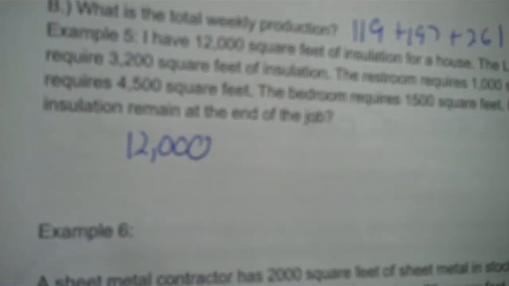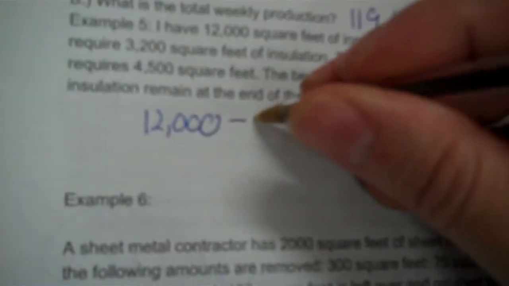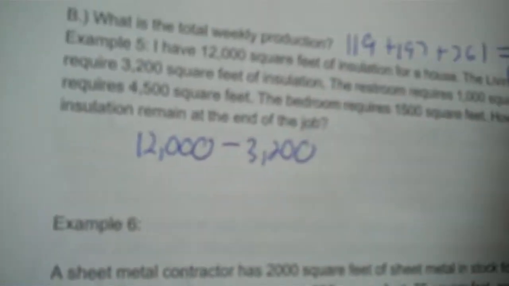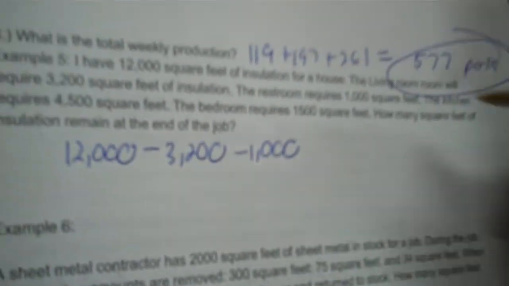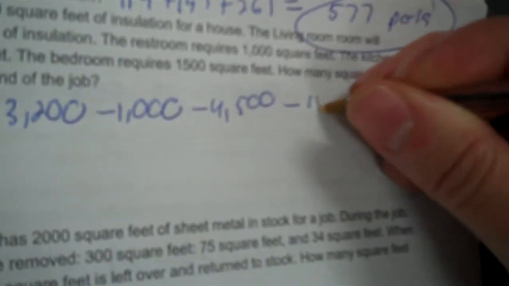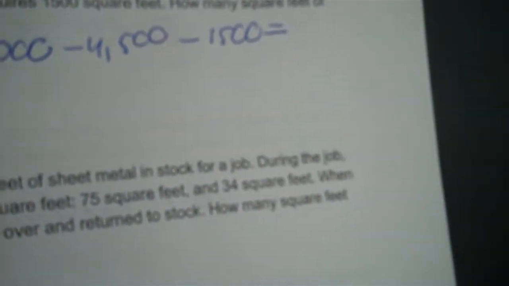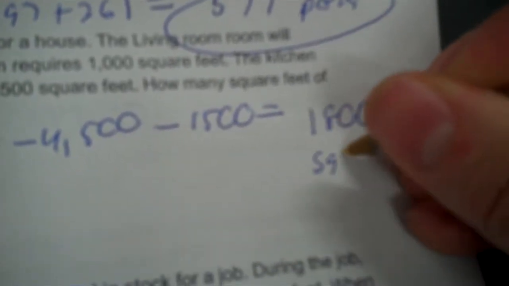So he does all this stuff. He wants to know what's left. So we need to start subtracting. He has to do the living room. You can subtract 3,200. And the restroom, 1,000. And the kitchen, 4,500, and then 1,500 for the bedroom. After you put the insulation in the house and all those various rooms, you subtract and you end up with 1,800 square feet.